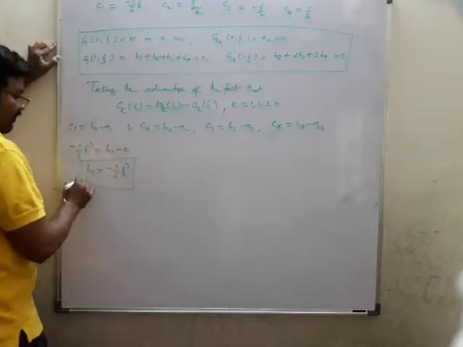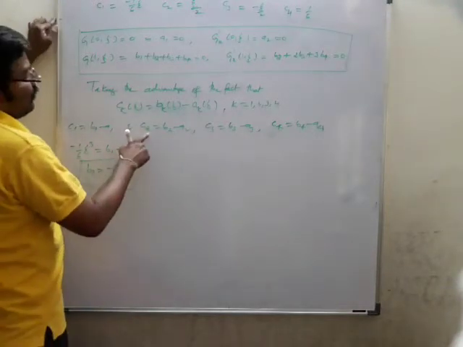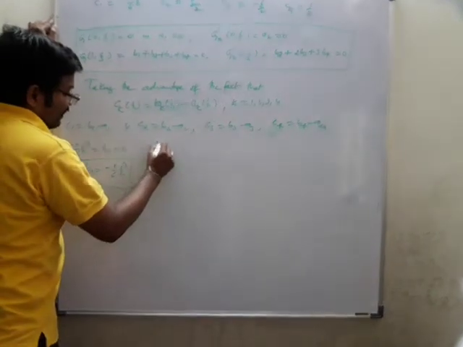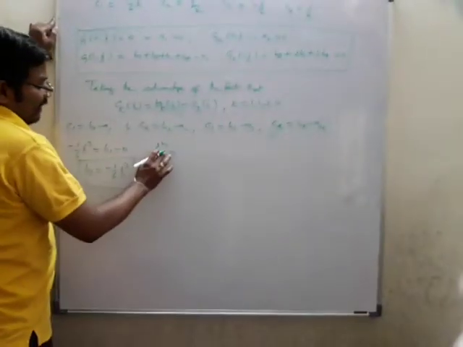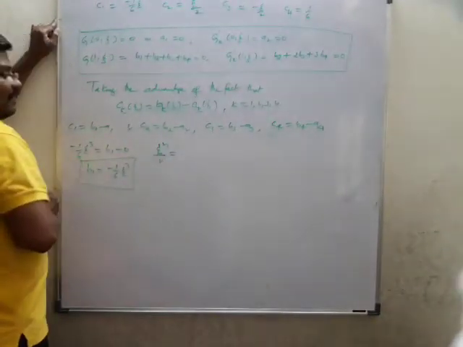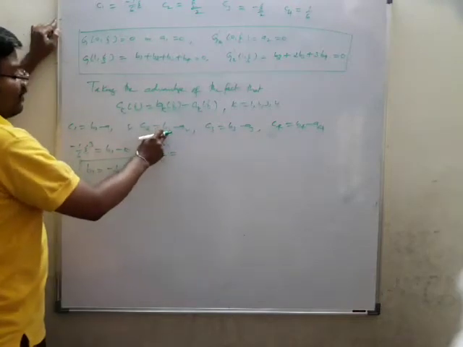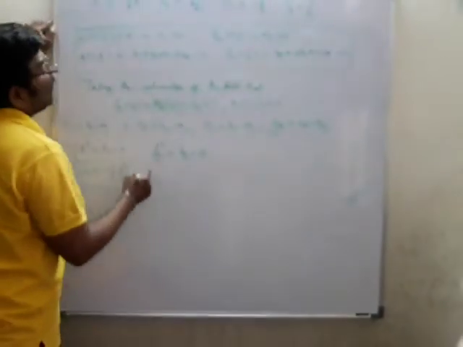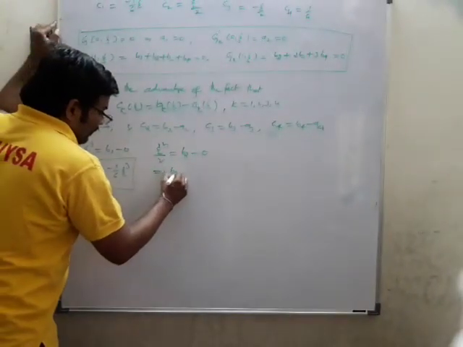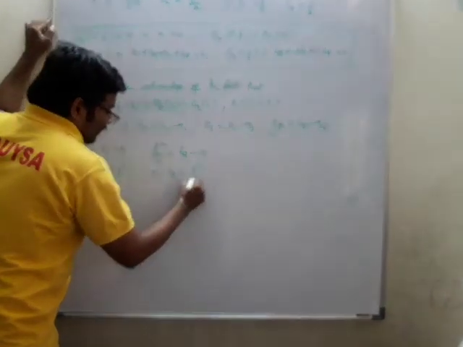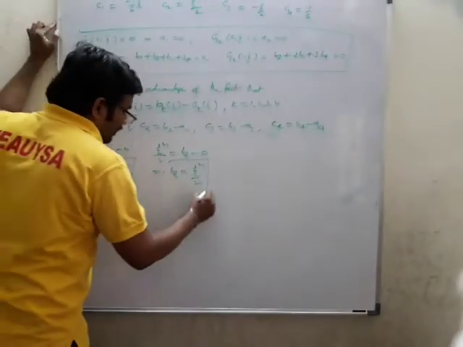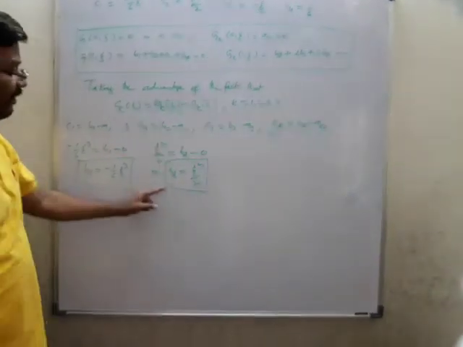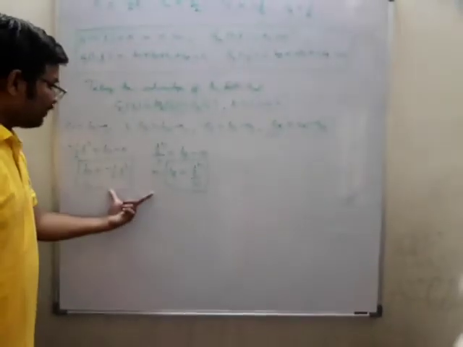Next, C2 we know, that is xi square by 2, and A2 is 0, so B2 is equal to xi square by 2. So we got B1 and B2.